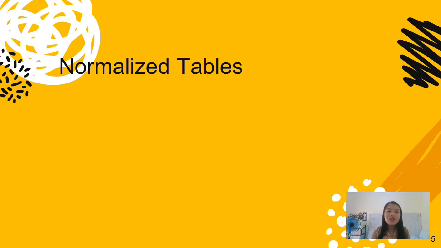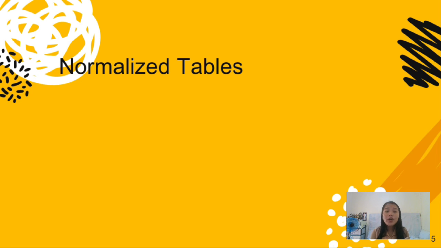Now let us proceed to the last topic, which is the normalized tables. The assignment of primary keys and attributes to relational tables must always comply with the rules of normalization discussed in Chapter 9. Recall that improperly normalized tables exhibit negative operational symptoms called anomalies, including the update anomaly, the insertion anomaly, and the deletion anomaly.